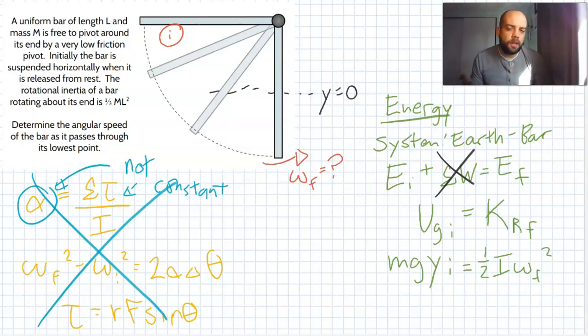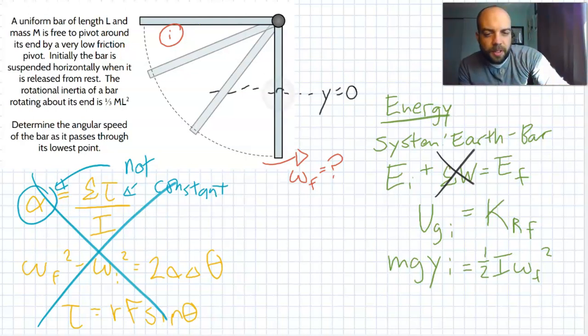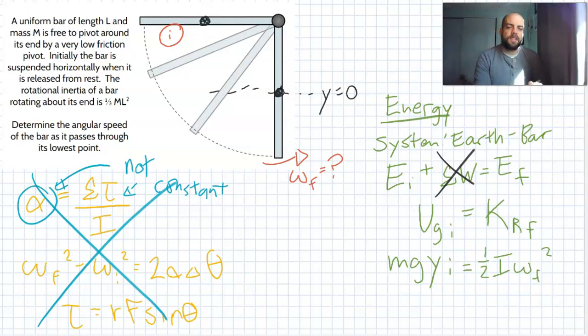That might seem weird a bit, but pause the video and think about why it is that. And if you're back watching, or you haven't figured it out, heights are always measured from the center of mass. So we have to look at the center of mass of this bar at its lowest point, and then the center of mass at its highest point.